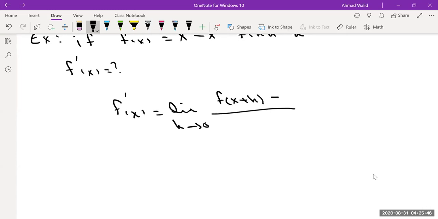Minus you had f of a, here you have f of x. All of them is the same idea over h. That is your formula, right?